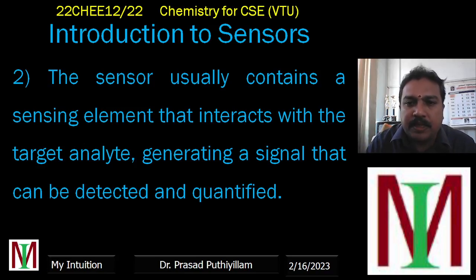You want to measure some particular gas, say we want to measure carbon dioxide. So carbon dioxide becomes the analyte. The chemical which is used in the sensor, that we call the sensing element. So the target analyte generates a signal that can be detected and quantified.